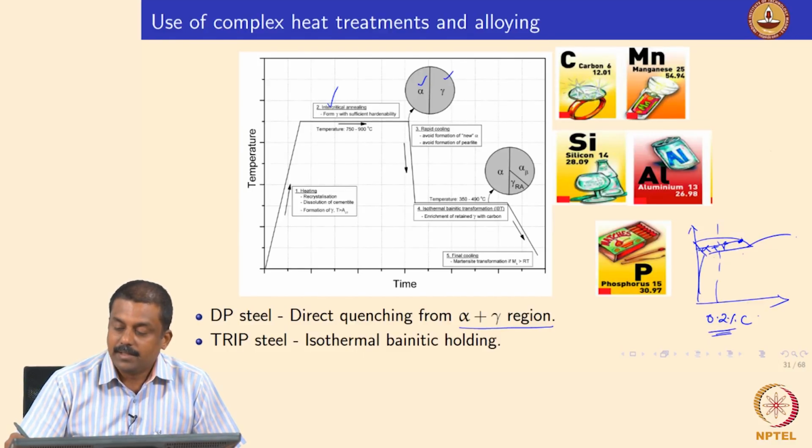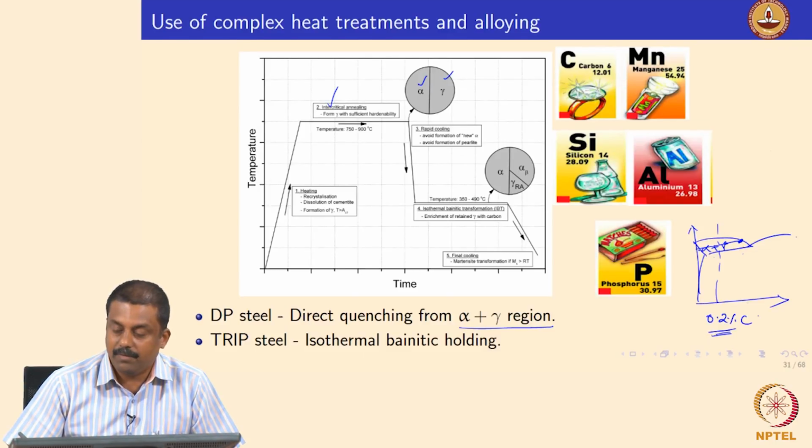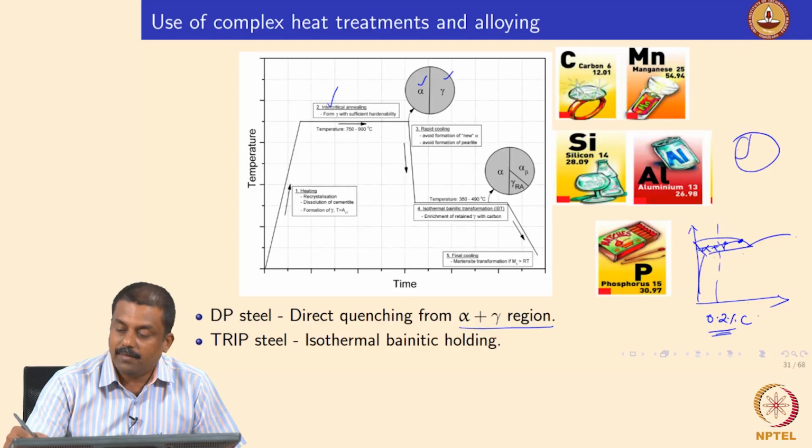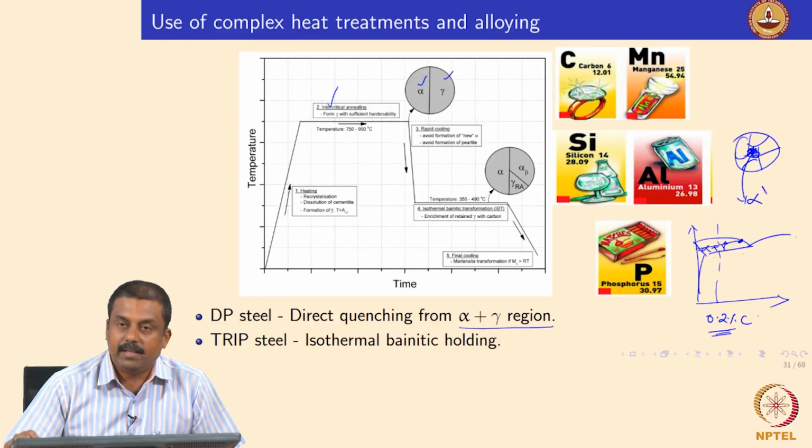That means by enriching austenite in carbon, we are also reducing the critical cooling rate required to form martensite. So you have ferrite and austenite, and when you cool down to room temperature, this austenite will transform into a martensitic microstructure.